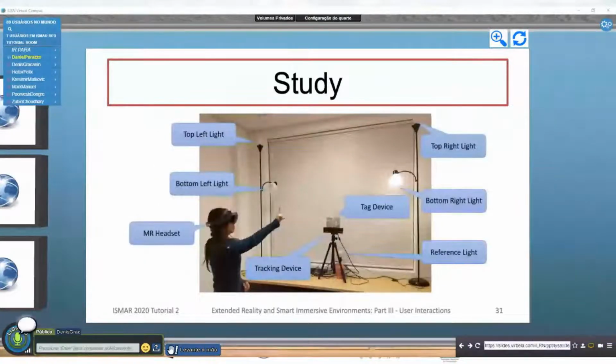The overall setup here shows us how we can identify different lights. In this particular case, we have 4 lights: 2 to the left, 2 to the right, bottom and top. And we can also provide a reference light for comparison, because the reference light provides information to the user on how those 4 lights or one of them should be set up.